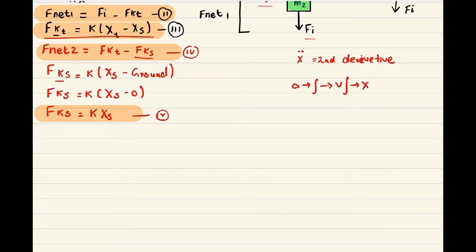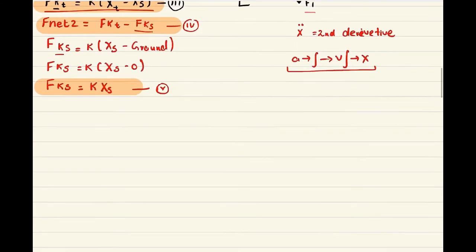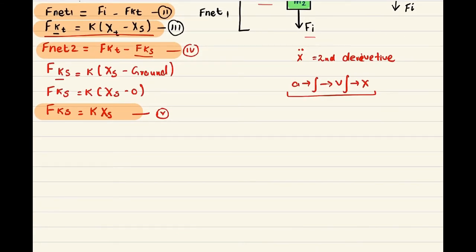So for one mass, we are having 2 blocks of integration, which means as in our diagram we are having 2 masses, m1 and m2, we are going to have a total of 4 blocks of integration. So let's draw from here.